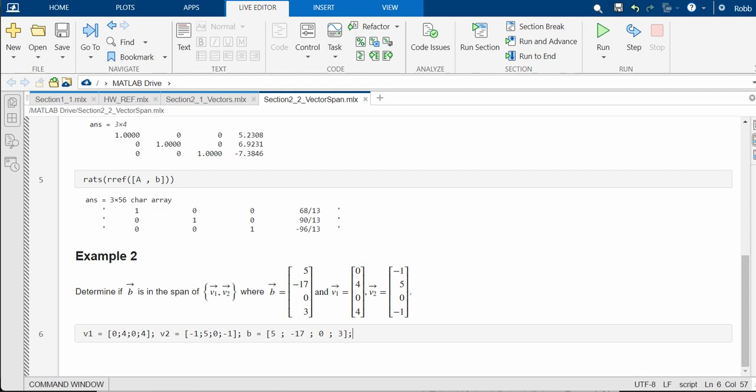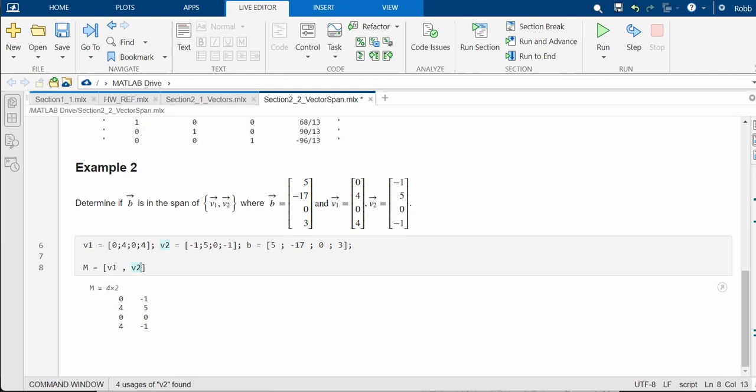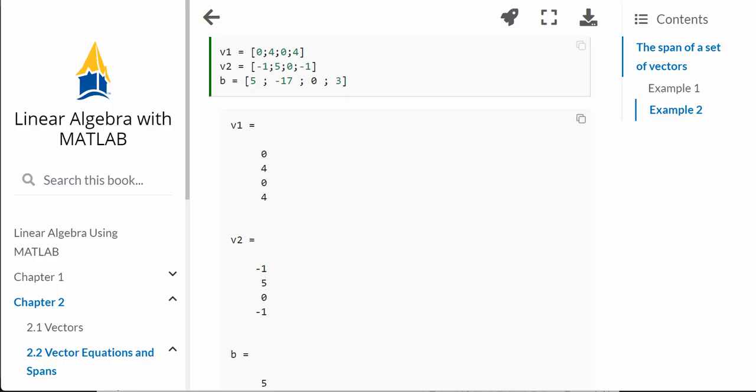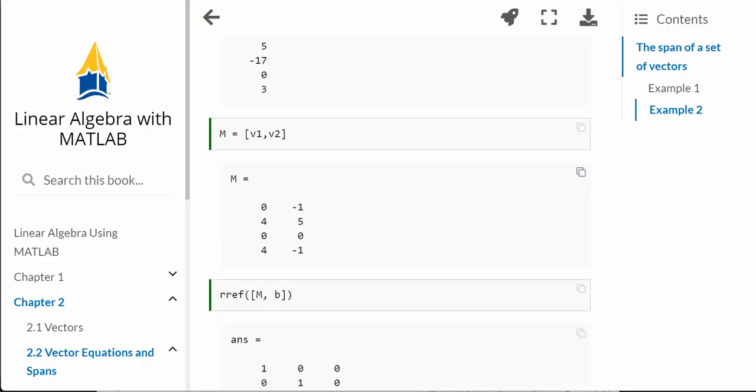And here we have V1, V2, and B. And again, the output is suppressed. I'm going to create the matrix M to be V1 comma V2, and let's see what that gives us. Okay, so we have 0, 4, 0, 4, and negative 1, 5, 0, and negative 1, which, as you can see, is exactly what we're supposed to have.